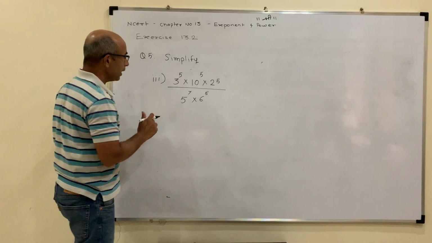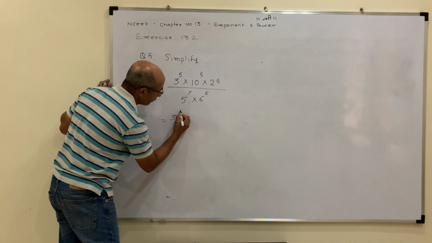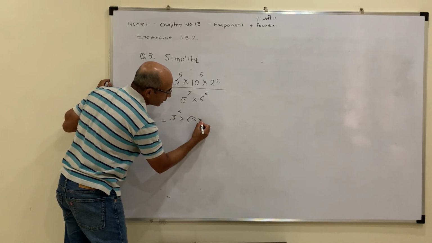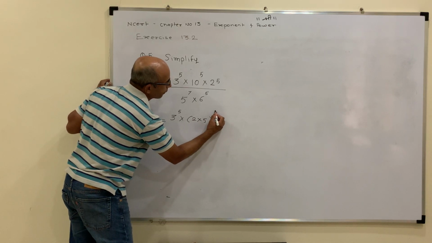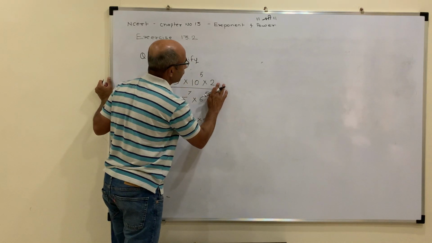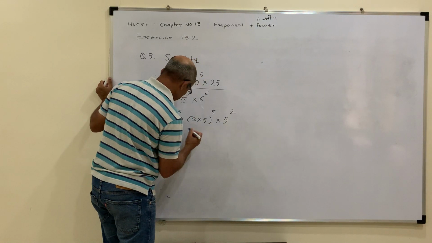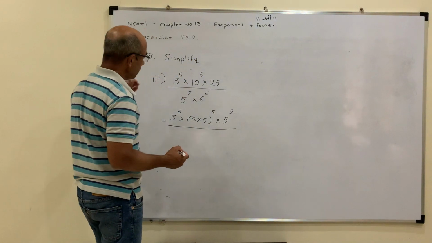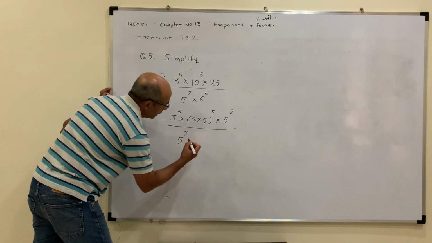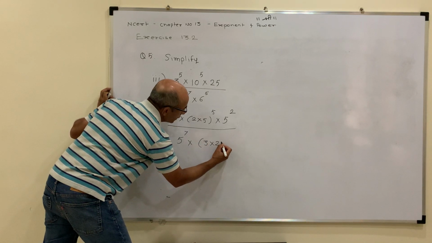Again, we'll rewrite this problem. 3 raised to 5, 10 raised to 5 as I did in the previous one, (2 into 5) raised to 5. And the last one is 25. So here 25 I rewrite as 5 square. Got it? So now on the denominator side, 5 raised to 7, 6 can be written as (3 into 2) raised to 5.